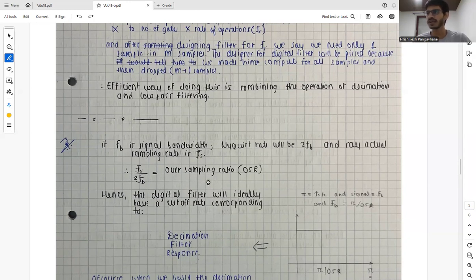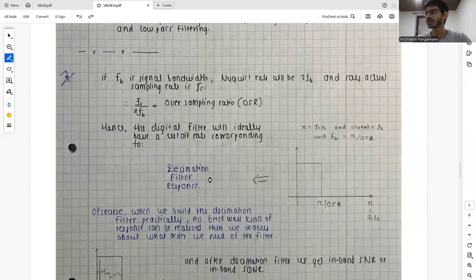Hence, the digital filter will ideally have a cutoff corresponding to this. The noise is spread over a range of pi, which corresponds to Fs by 2. So we have Fs by 2 over here, and we know Fs by 2 corresponds to pi, and the signal corresponds to Fb, and Fb then comes out to be pi by OSR, because if this FB goes here, OSR comes here, and Fs by 2 corresponds to pi.